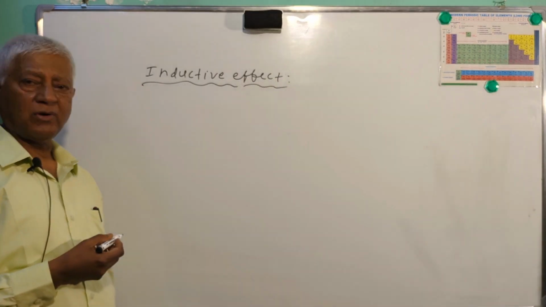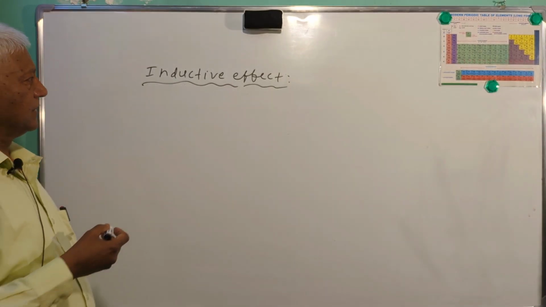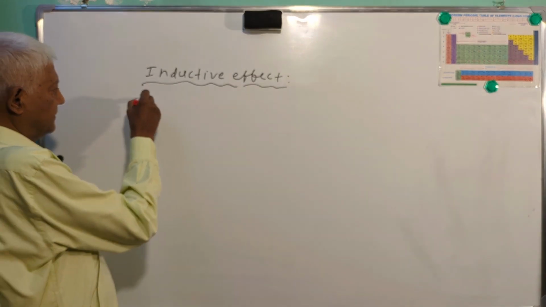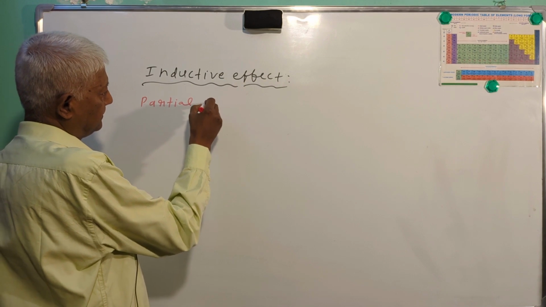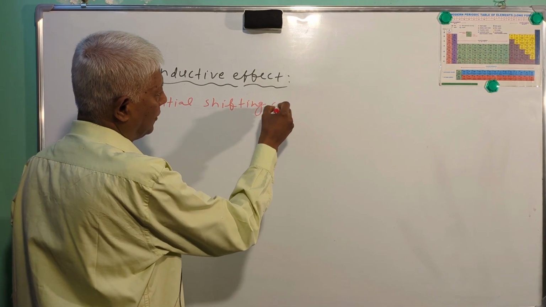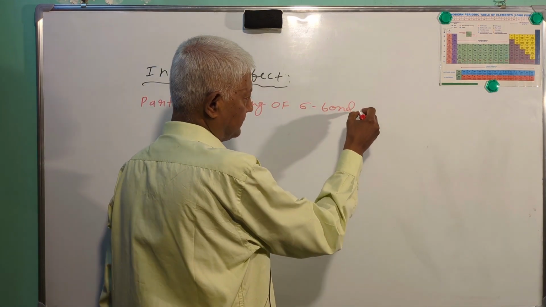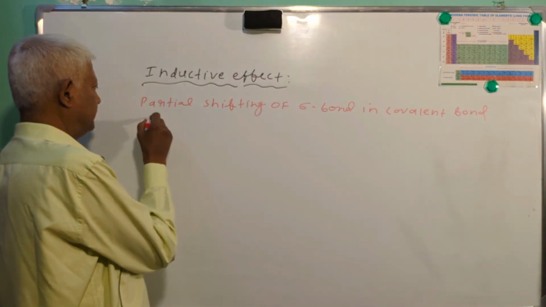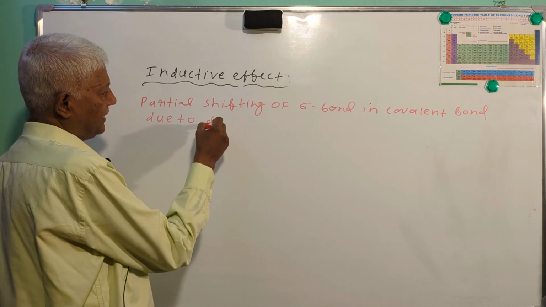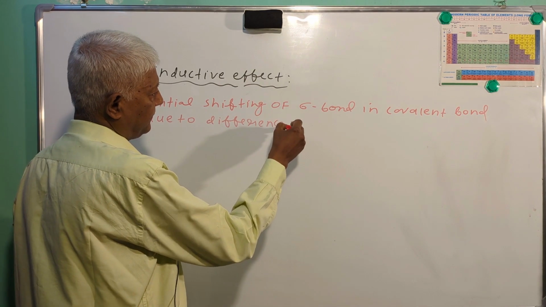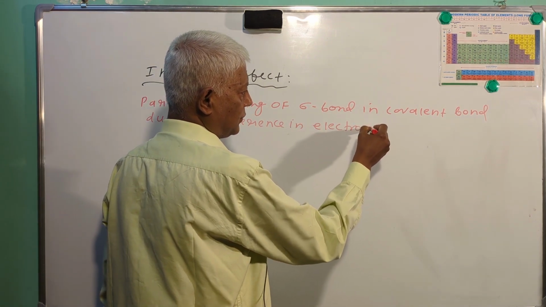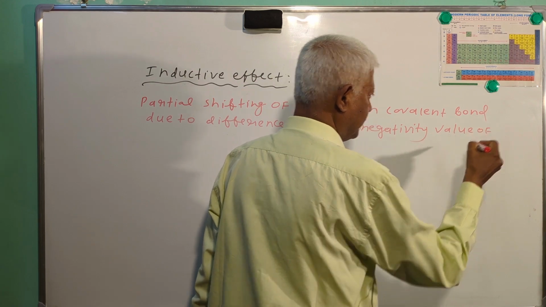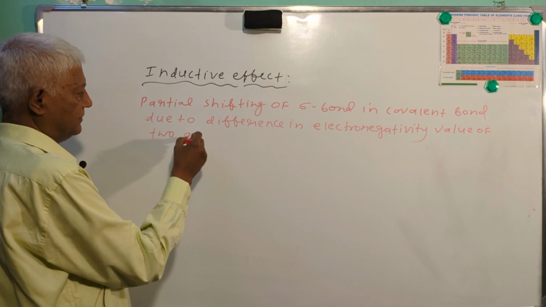So when you talk about the inductive effect, what you see over here is partial shifting of sigma bond in covalent bond due to difference in electronegativity value of two atoms.